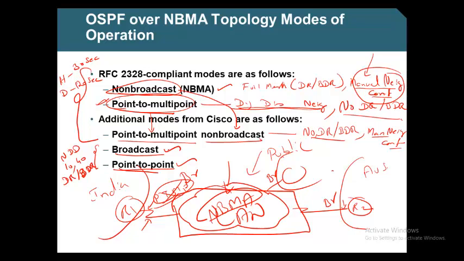Right. So those last two modes are going to be a LAN environment experience for you, an enterprise experience, even though you are working on top of NBMA.